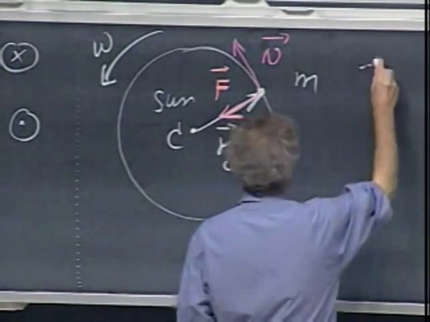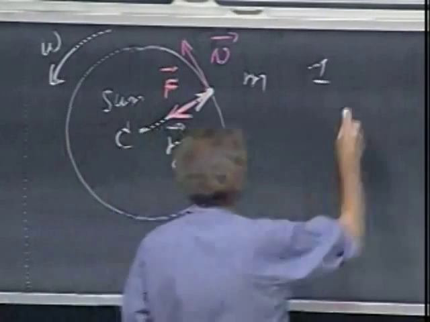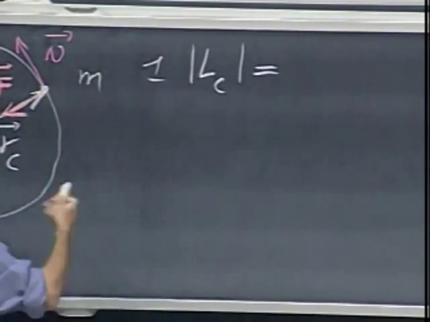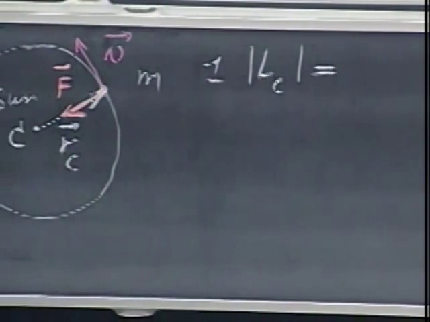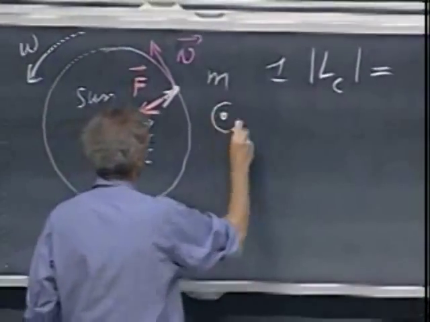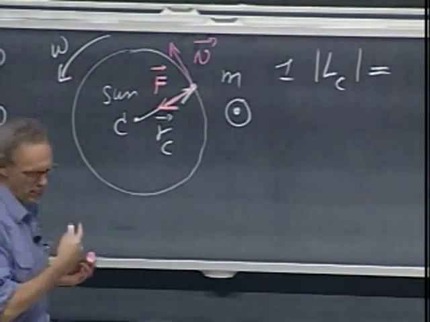Well, go to equation number 1. The angular momentum relative to point C, the magnitude, because the direction is clear: if it's going counterclockwise as seen from where you are, then the direction of the angular momentum will be pointing out of the blackboard. So I'm only interested in the magnitude.